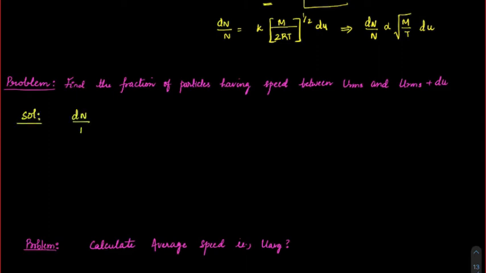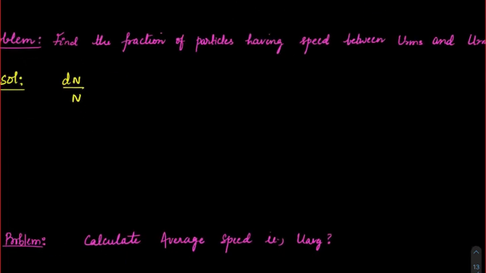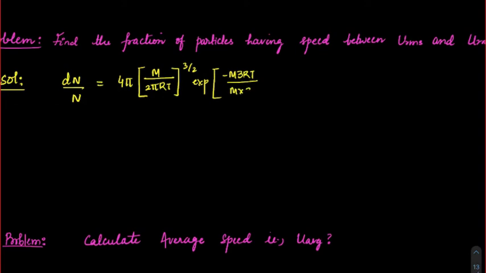So dn by n would be equal to 4 pi into m by 2 pi rt whole raised to power of 3 by 2, exponential of minus m into 3 rt by m into 2 rt.